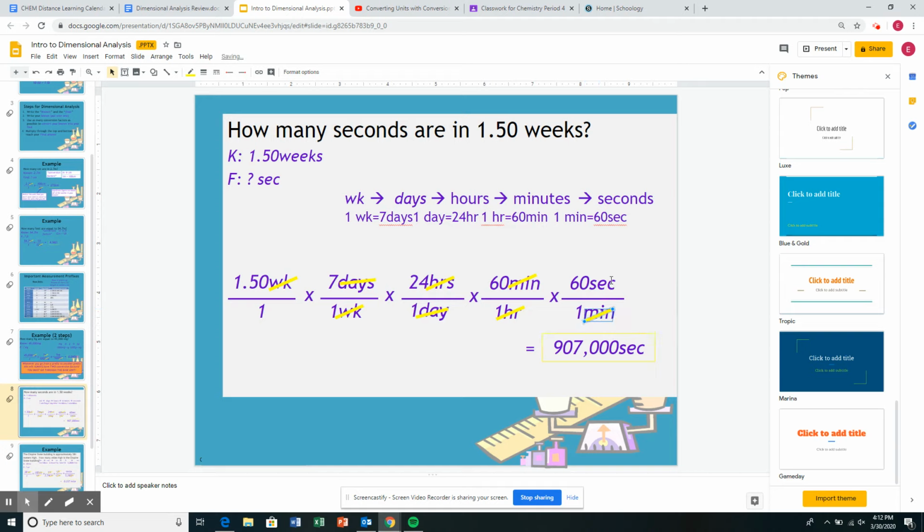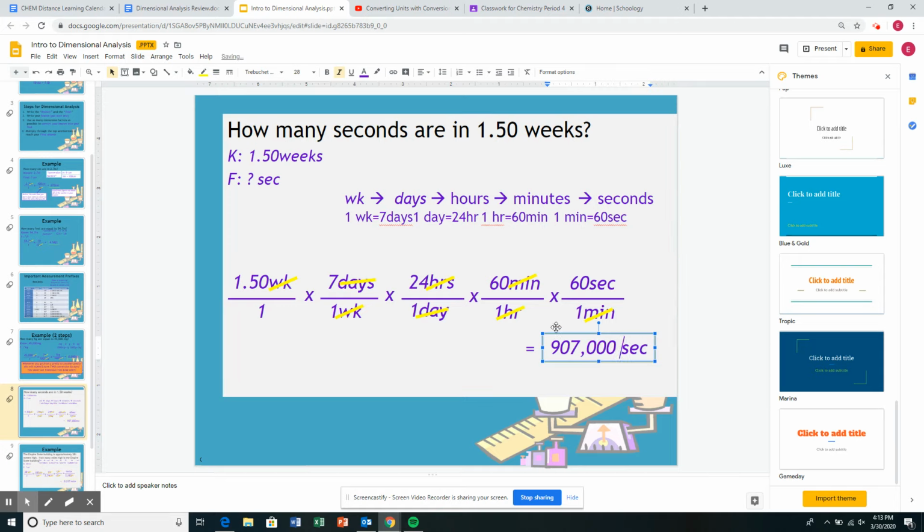So what we are left with, the unit that doesn't have any tick marks through it, is seconds. And then we multiply all of the numbers on the top row: 1.5 times 7 times 24 times 60 times 60, which is 907,000 seconds. The reason that we didn't divide by anything in this one is because every single number on the bottom is 1.